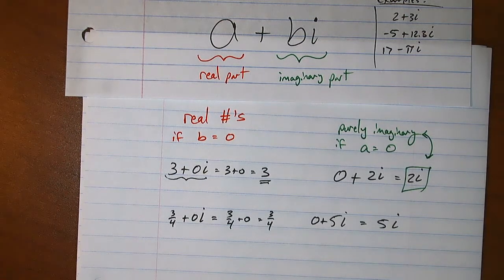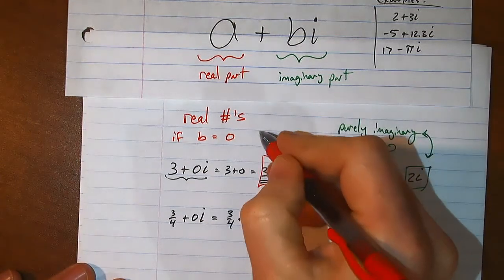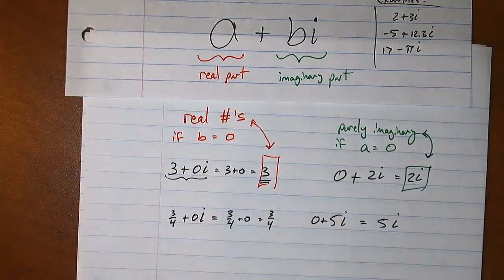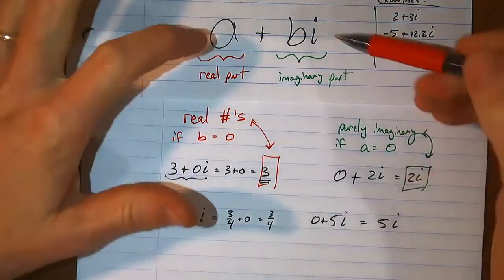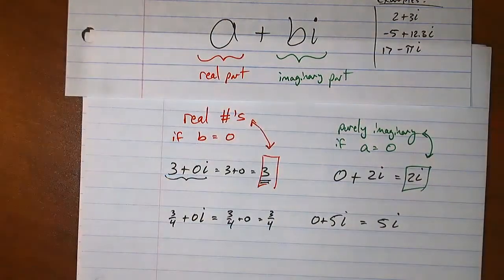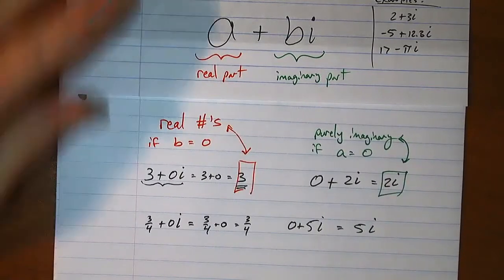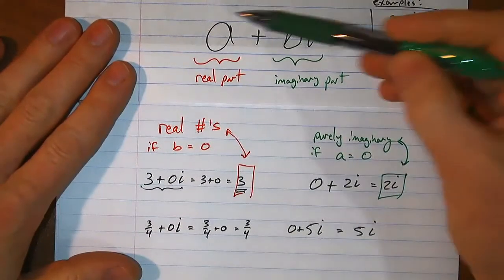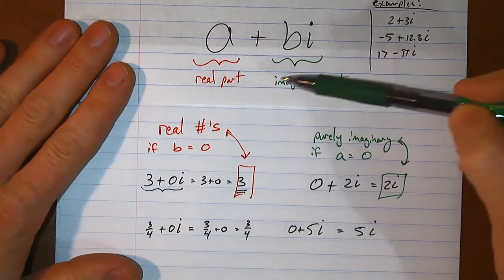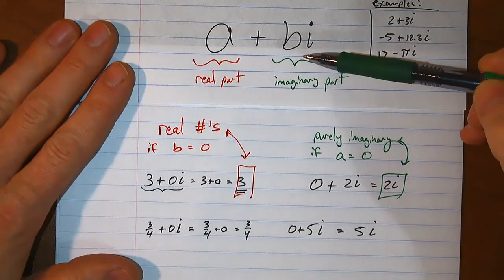Numbers that don't have an imaginary part to them, these we call real numbers, all right? And then if it has both parts, those are called complex numbers. Now, here's the thing, unfortunately, sometimes math people get a little bit lazy, and sometimes we take something that's actually complex and we call it imaginary.